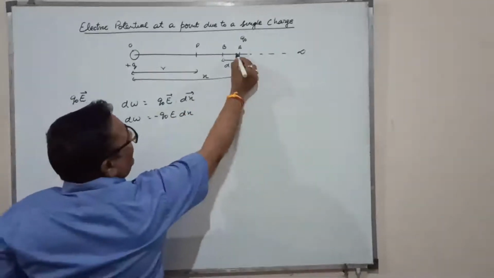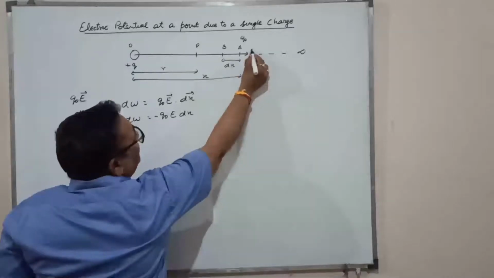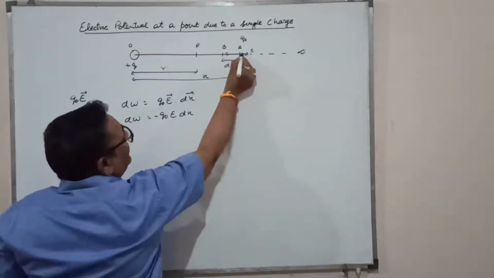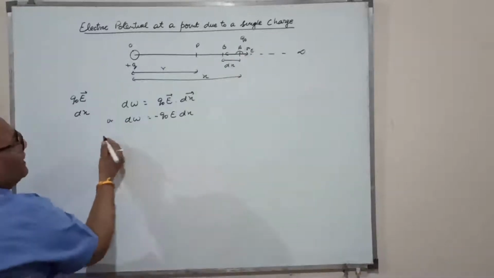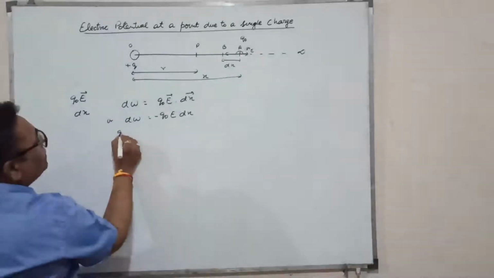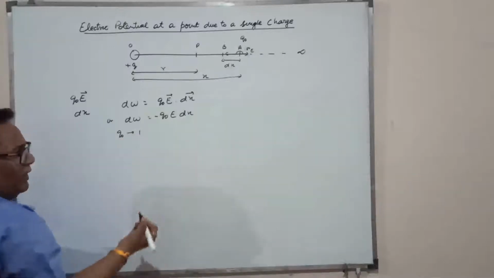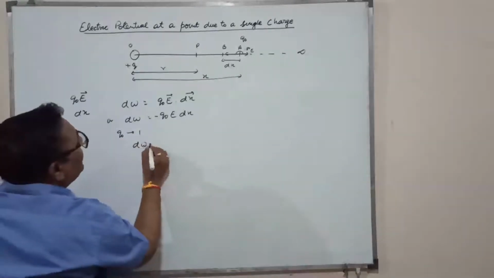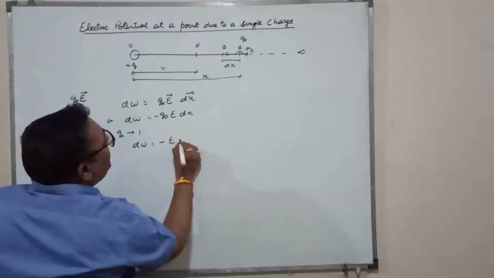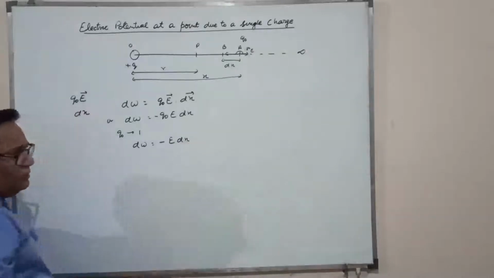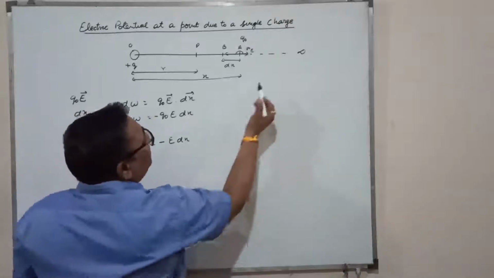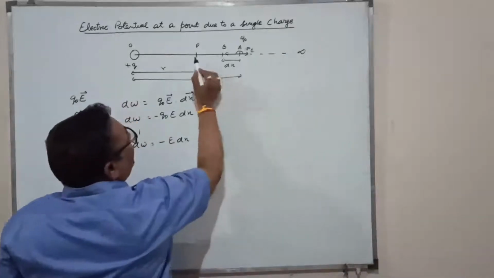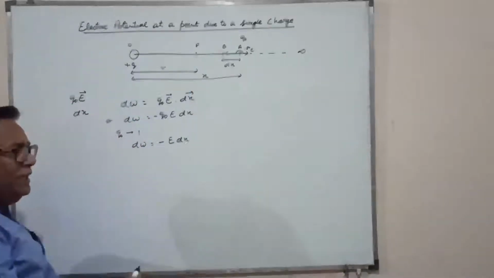Again, the angle: this is the direction of E and this is the direction of displacement, and the angle is 180. As the charge is unit, Q naught tends to 1. Then the work done is minus E dx. Clear?